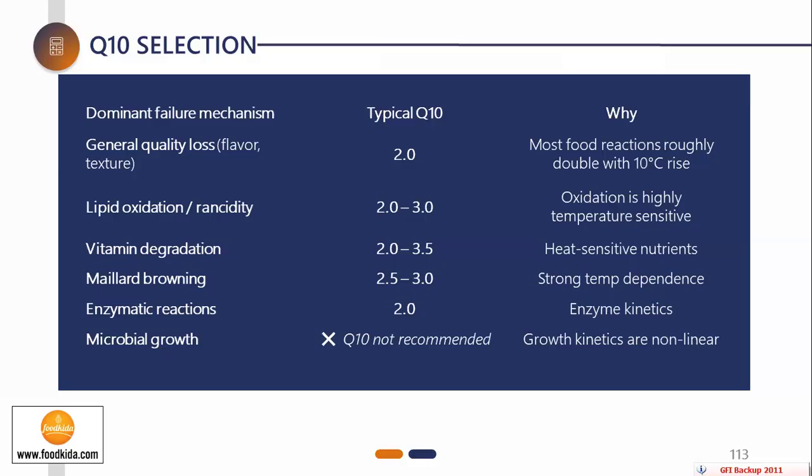Peroxide leads to autocatalytic reactions and hence the PV increases. PV is what? Note it down. PV is peroxide value.